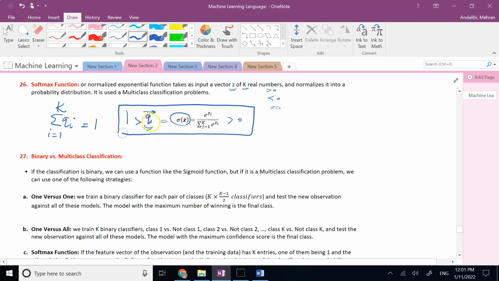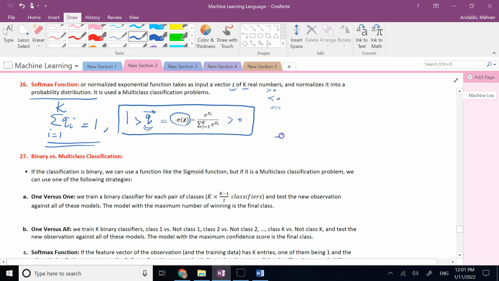And the sum of the numbers in this new vector is equal to 1. So we can say this new vector q is like a what? Like a probability distribution function. And that is amazing, right?